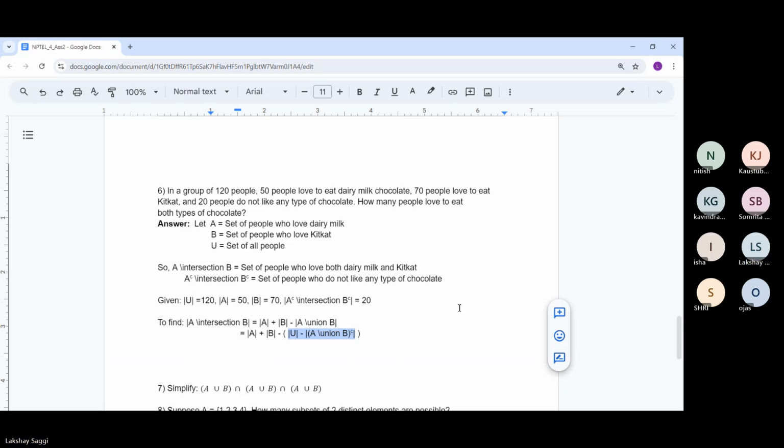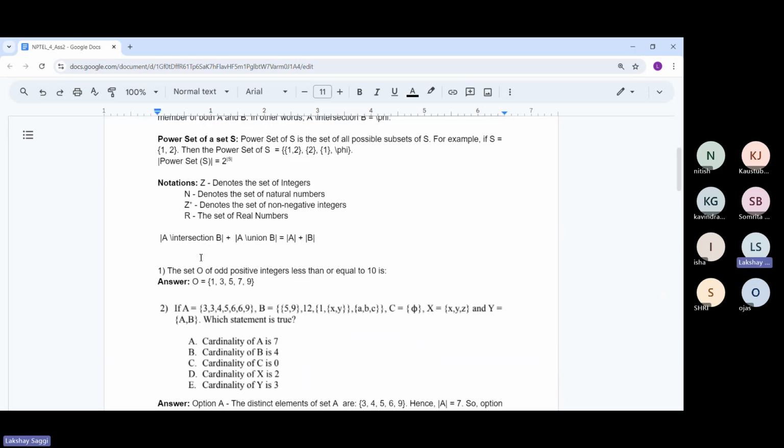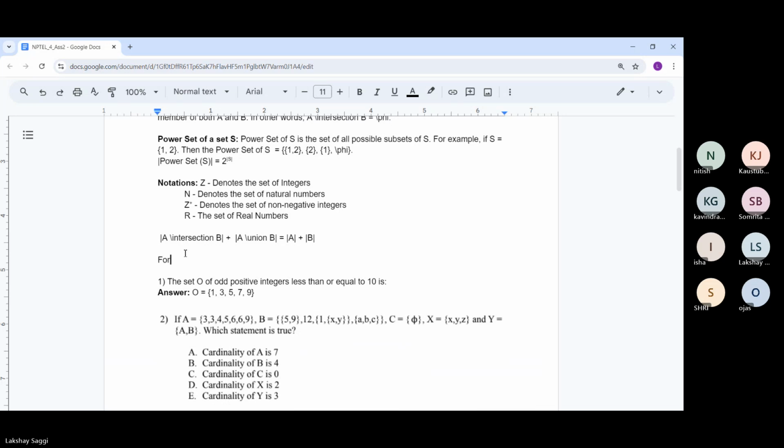Let's just take A union B as a set S. For a set S in a universe U, where the universe is the set of all elements, the cardinality of the complement of S is equal to the cardinality of the universe set minus the cardinality of the original set.